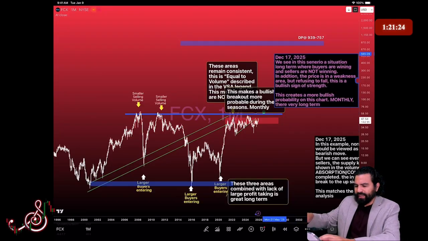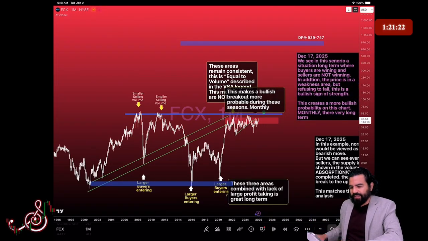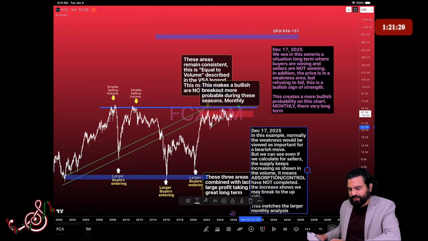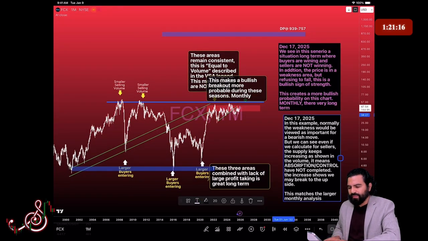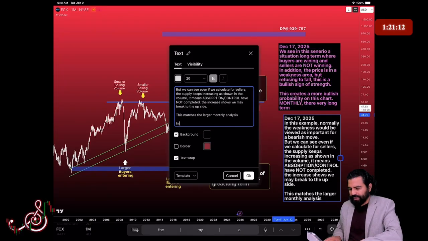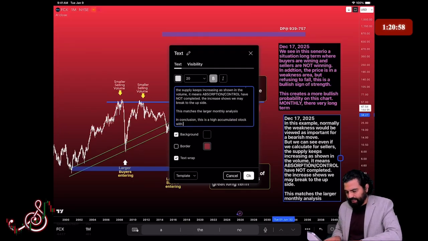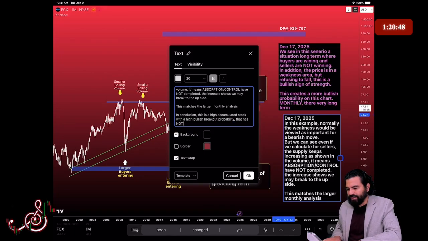Okay. All right. Anyone else? Large accumulation stock likely to break to the bullish side. In conclusion, this is a highly accumulated stock with a high bullish breakout probability that has not occurred.